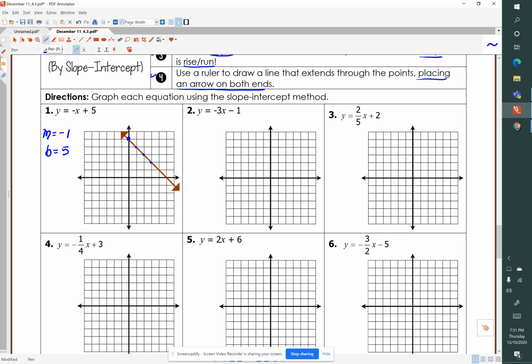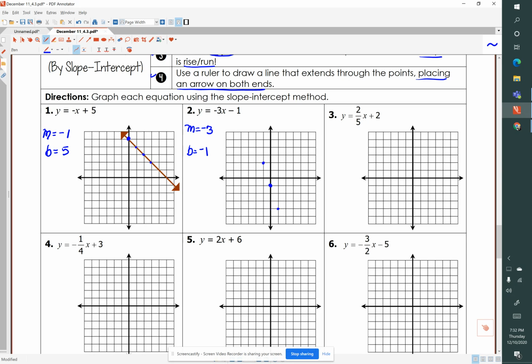Okay, number 2. We are already in slope-intercept form. Our slope is -3, and our y-intercept, or b value, is -1. So let's start by graphing the y-intercept. And we have a slope of -3, so we'll go down 1, 2, 3, a rise of -3 over 1 to the right. And let's do that in the opposite, up 3 and over to the left, okay?